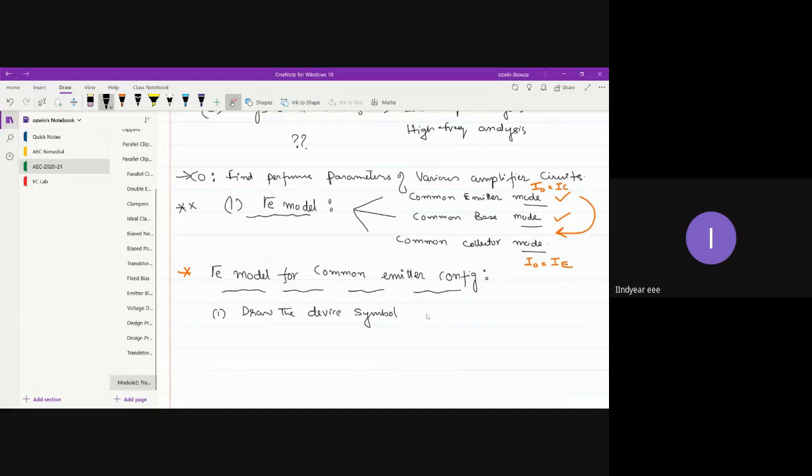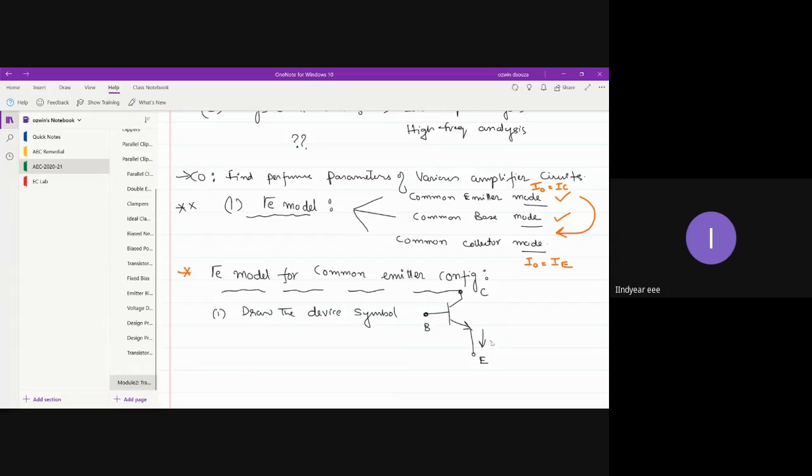So for common emitter configuration, let me draw the device symbol. Over here I am choosing an NPN transistor, with base, emitter, and collector terminals.